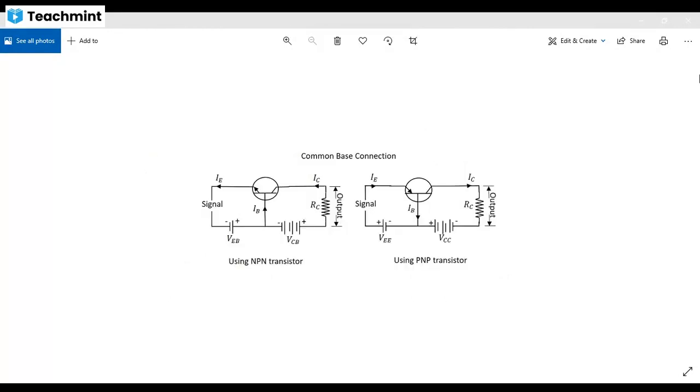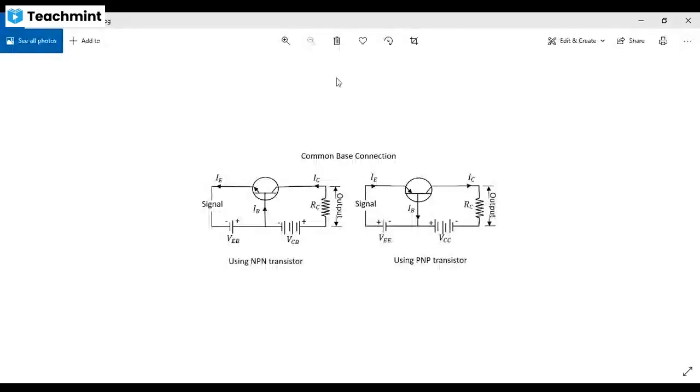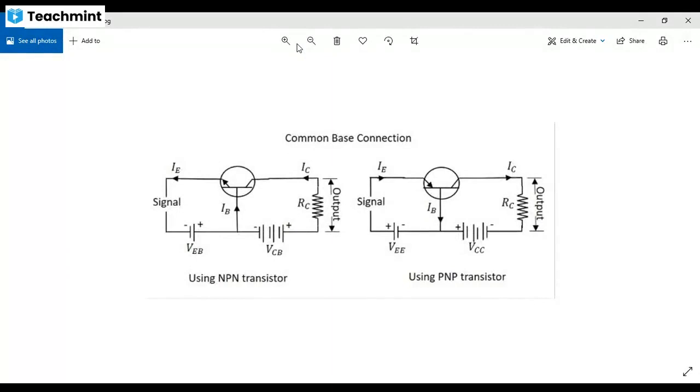In this common base connection, this is the NPN transistor configuration and this is the PNP transistor configuration.